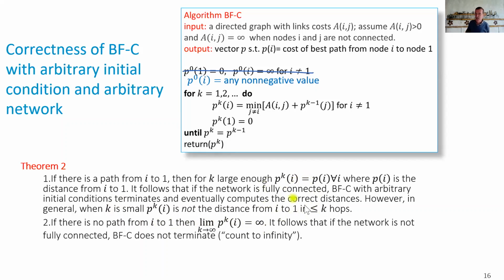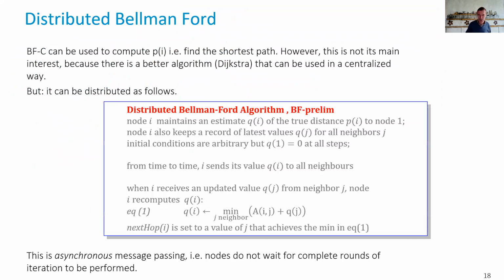So what happens is exactly what we have seen in this example, the algorithm increases the value until the values are large enough, and then it's as if it would be with the initial conditions infinite, which would be the regular initial conditions. The proof is in the lecture notes because it's not easy to find. Usually textbooks on Bellman-Ford just use the good initial conditions, but the reality is we will not have the good initial conditions. So that's the major thing that makes Bellman-Ford work.